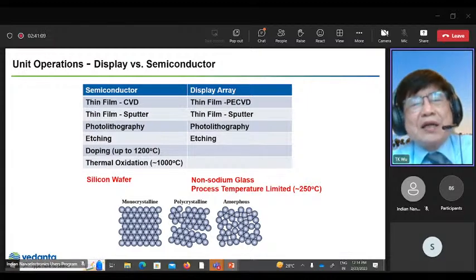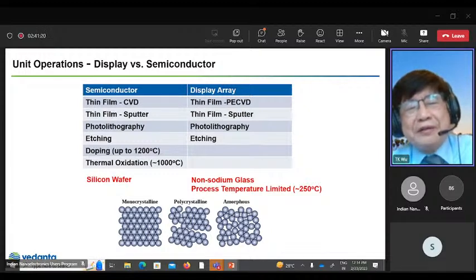So usually we control the process temperature at around 250 degrees, and usually the glass can comfortably tolerate 350. We leave 100 degrees as a buffer. So with a process limit of 250 degrees, of course we cannot use doping and thermal oxidation.